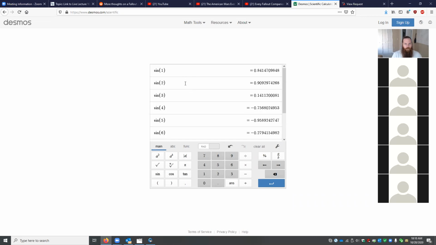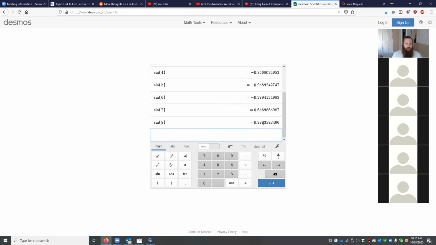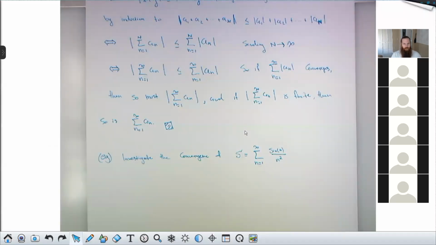The first three terms of that series are positive because sine of 1, sine of 2, sine of 3, those are all positive. But then sine 4, sine 5, sine of 6, those are negative. Sine of 7, sine of 8, sine of 9, positive again. So this is not an alternating series.